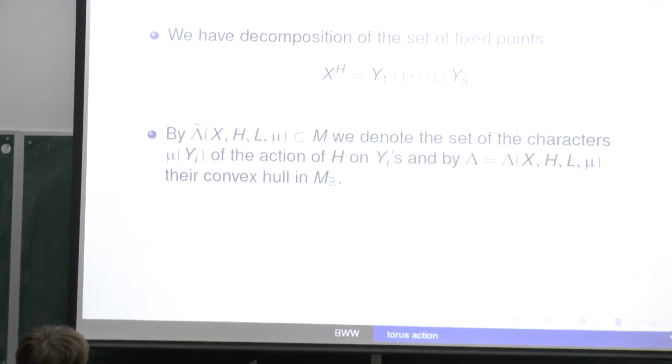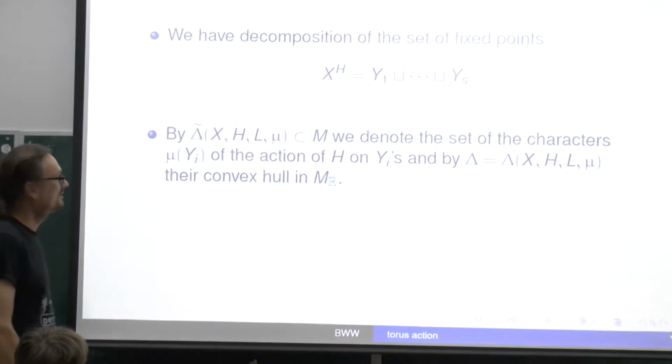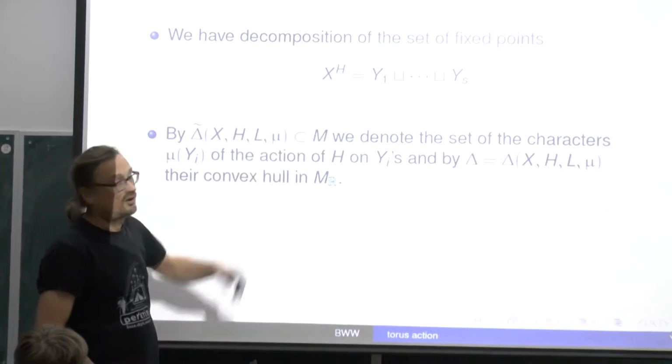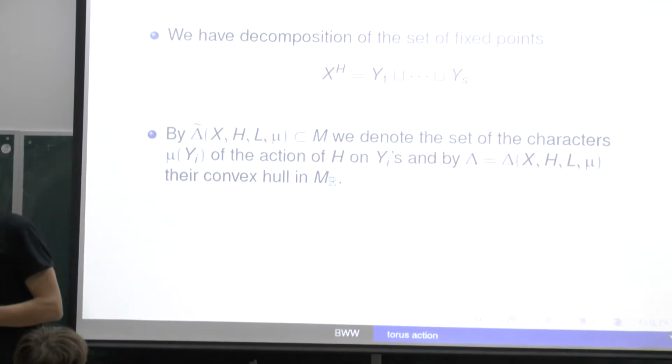Now, if I take each of these components, the action of the torus with the given linearization over this component is provided by some characters. I mean, you don't move the point, you just act by the character over the point on the fiber of the line.